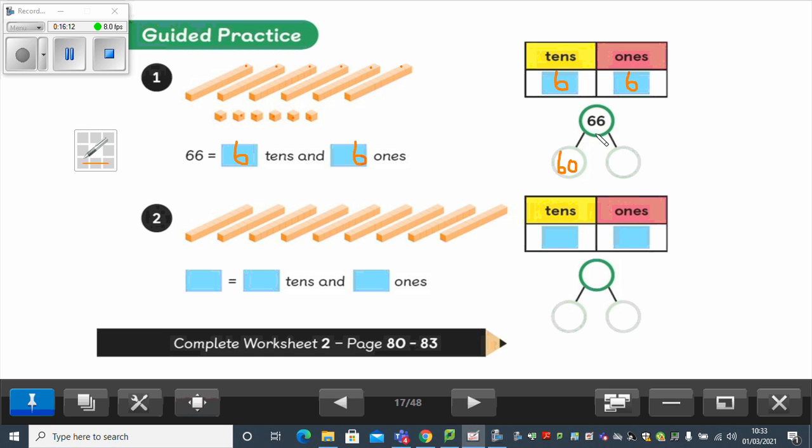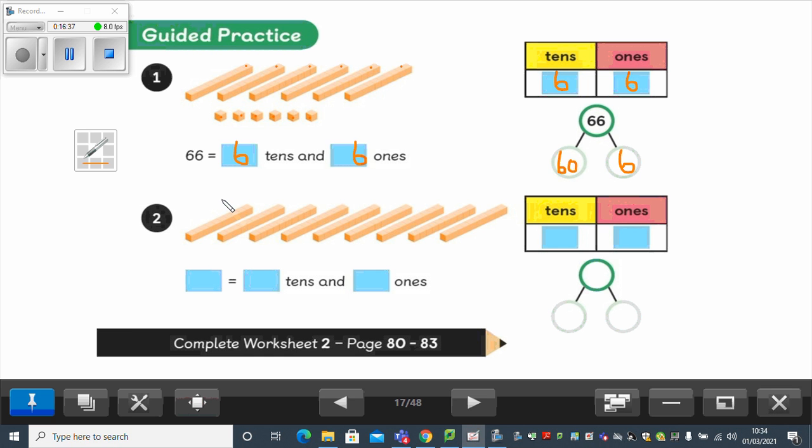And what is the value of the 6 ones? Well, that's 1, 2, 3, 4, 5, 6. So the value of the digit 6 in the ones is 6. So 66 equals 60 and 6.